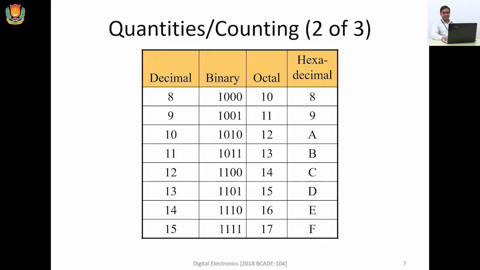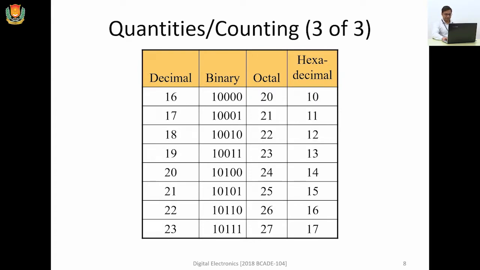It means it contains alphabets as well as numeric digits. In the hexadecimal number system, 10 symbols are 0 to 9 and the rest of the 6 symbols are A, B, C, D, E and F.